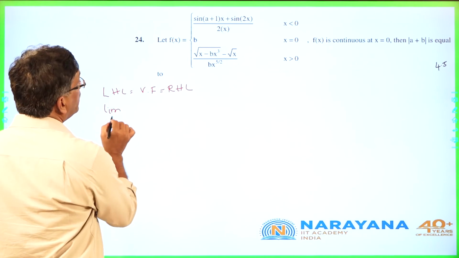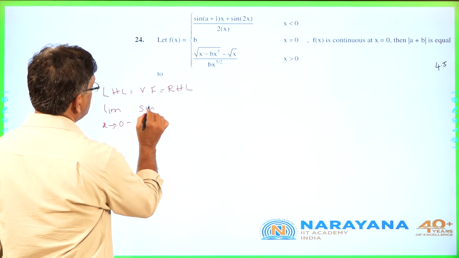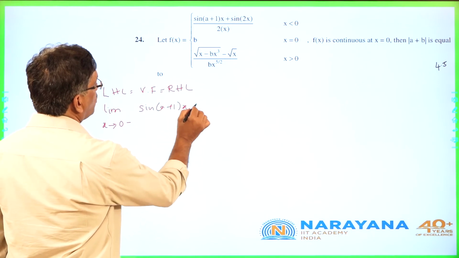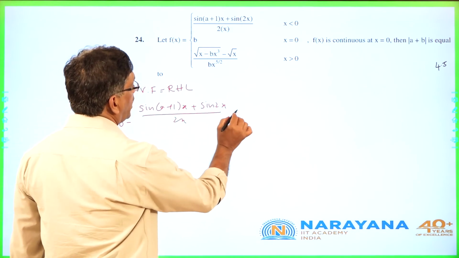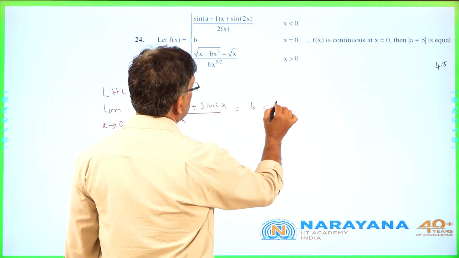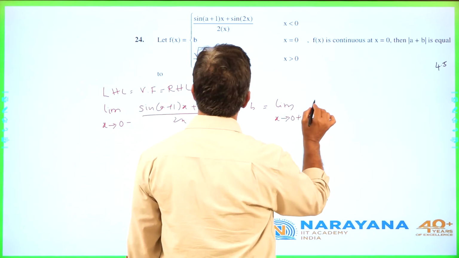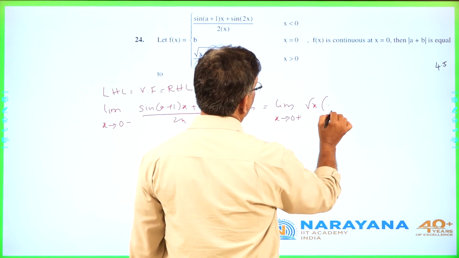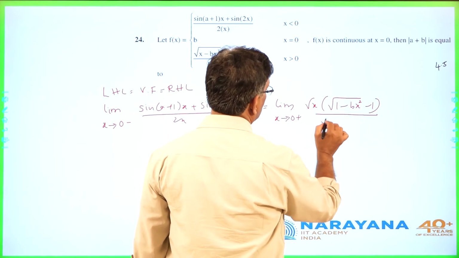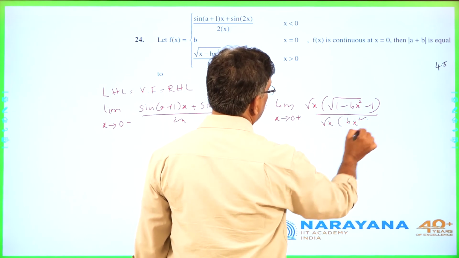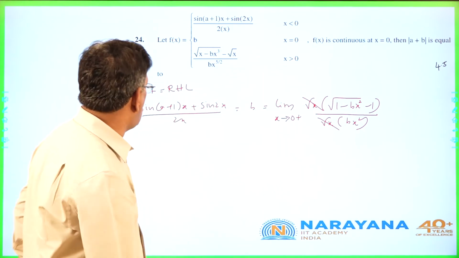That is limit x tends to 0 minus of sine (a plus 1)x plus sine 2x by 2x is equal to b, is equal to limit x tends to 0 plus, here you have to take root x common, it is 1 minus b x square, minus root x, if you take common, b x square. Without taking this root common, we will not get the answer.